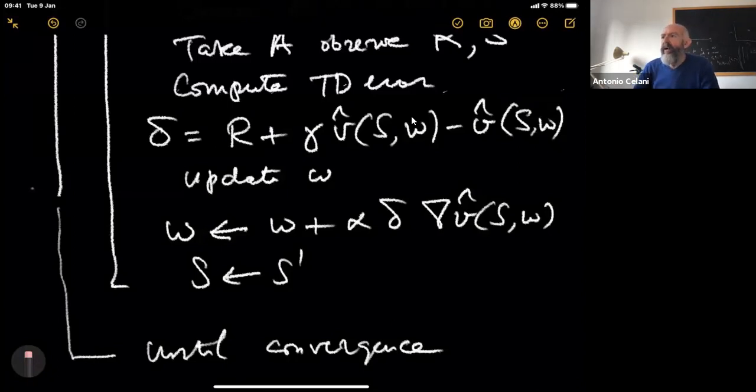Okay, I think it's a good time to stop here and take a break. In the second part, we will discuss in detail what happens for linear approximation. And then we move on to discuss the situation where we have control, or maybe we postpone that to tomorrow in order to have time to discuss everything properly. So probably I will go for that second option.